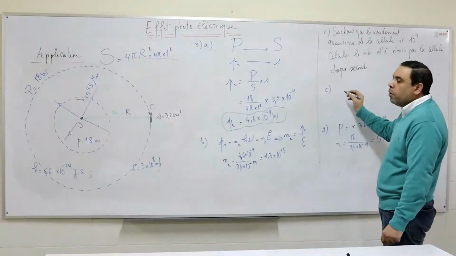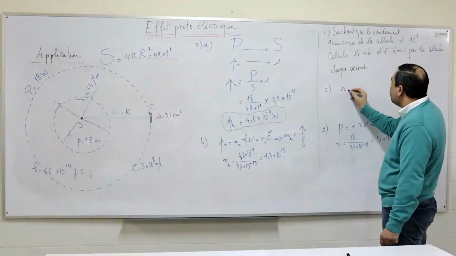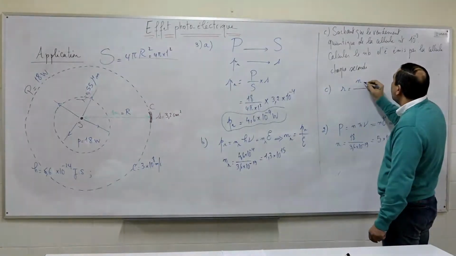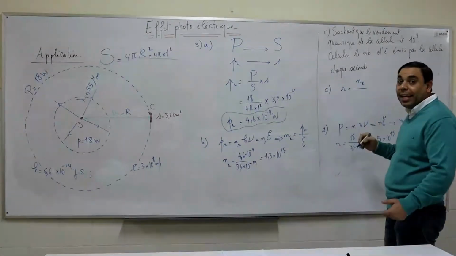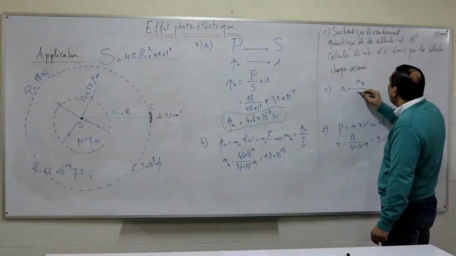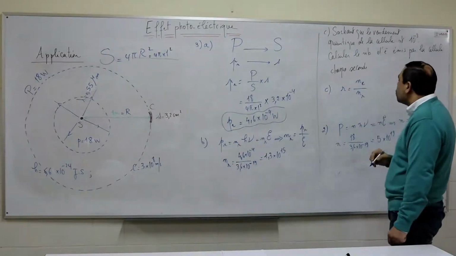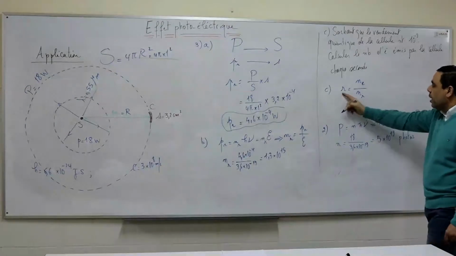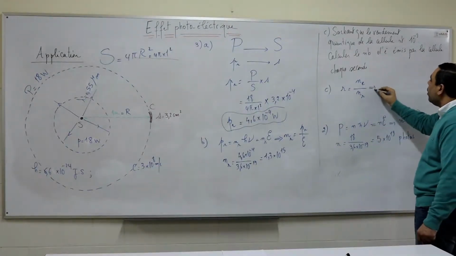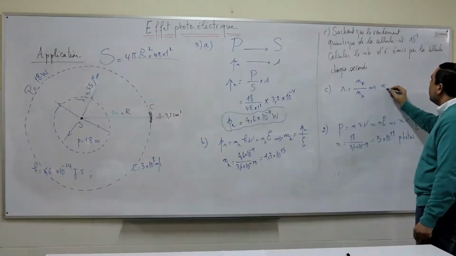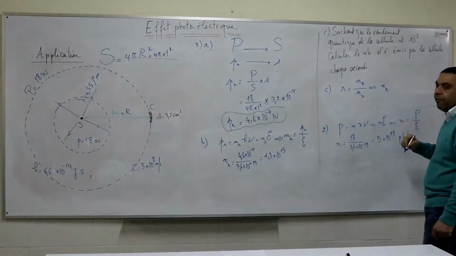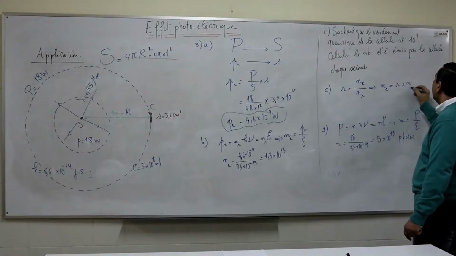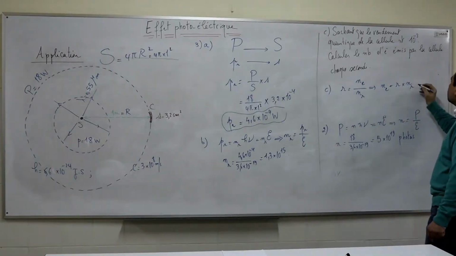From the definition, the quantum efficiency R is equal to the number of effective photons, or the number of emitted electrons, over the number of received photons. Now we have the efficiency and the number of received photons. Then the number of emitted electrons is R times the number of received photons.